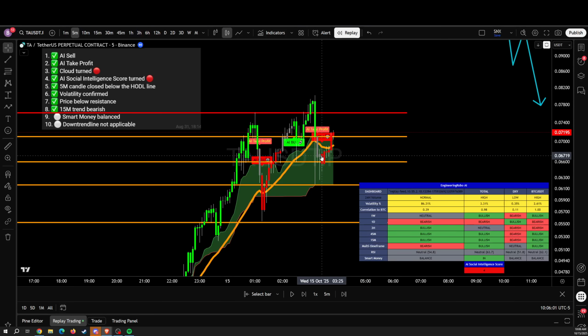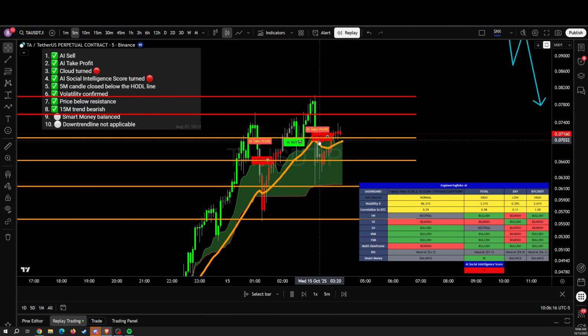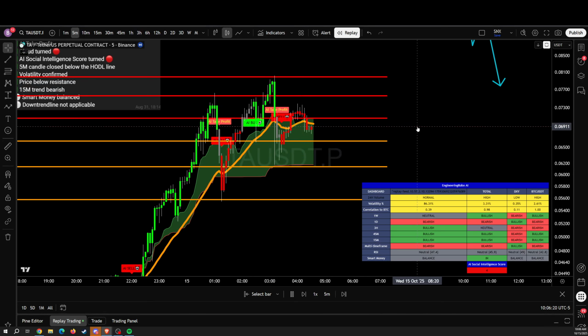We actually had 5 there, but it turned against us. So sometimes it's going to happen, and it's not perfect, but a lot of times it does work. But it got right back above the hodl line, so you had to just get right back out of it.